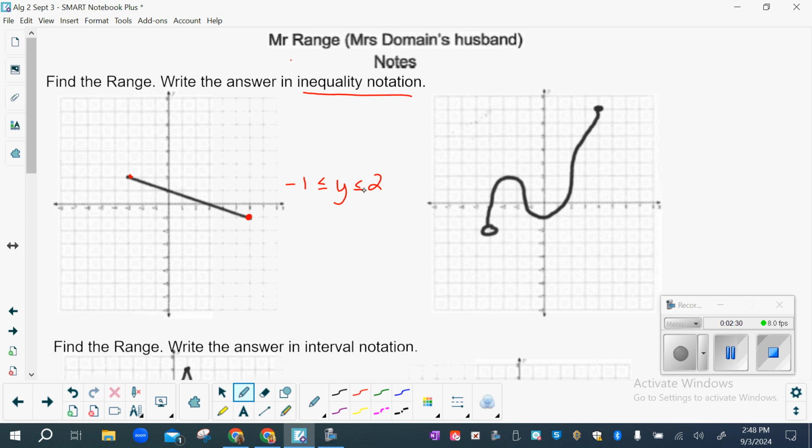Okay, so on number 2, we're again doing that in inequality. This point right here would be our lowest point. If we take all these points and squish them onto the y-axis, this would be our lowest right here.